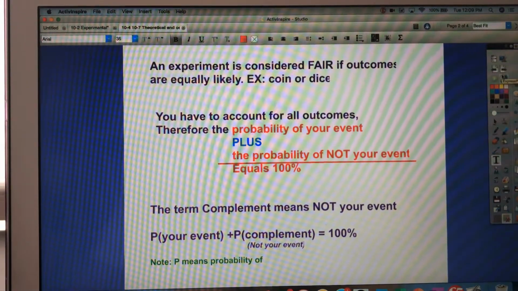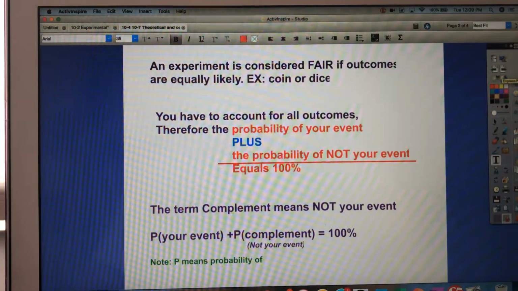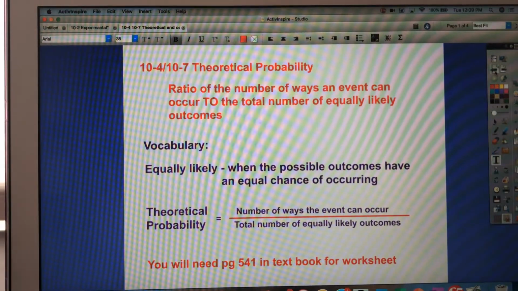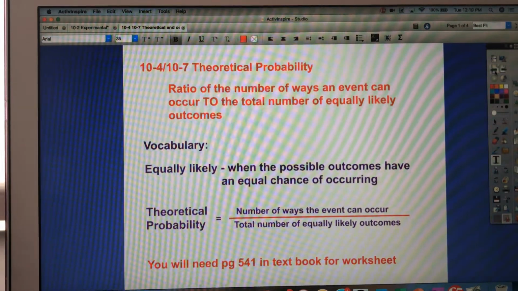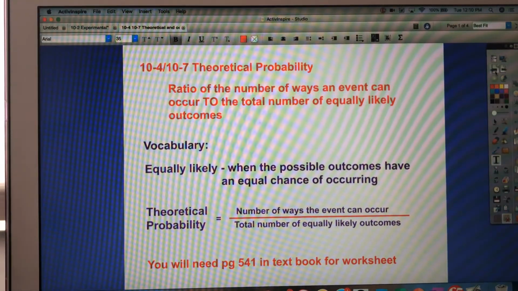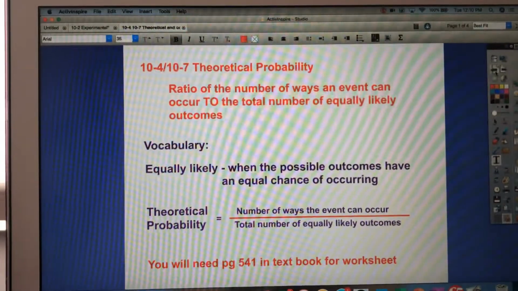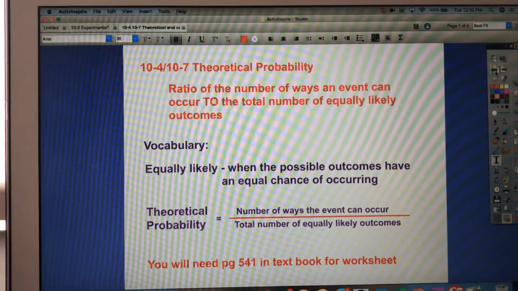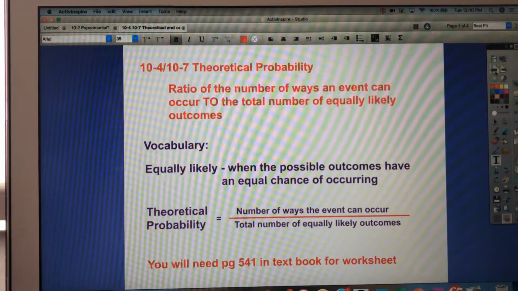An experiment is considered fair. Let me go back because we need an example here. If I'm going to roll a dice, let's do it 100 times. How many times should a 1 come up out of 100?